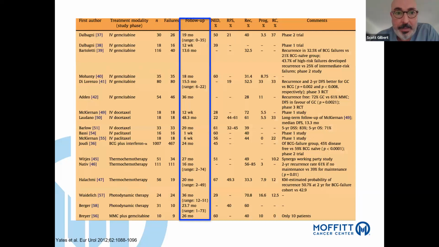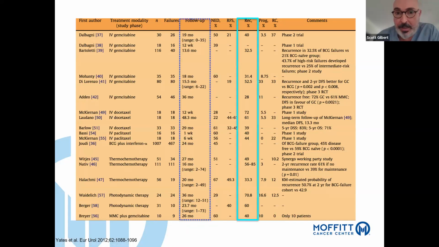And if you pull all the data for gemcitabine, intravesical single agent Taxol therapy, BCG plus interferon, thermotherapy, photodynamic therapy, and there's one study down here listing mitomycin plus gemcitabine, you can see that most of the report outs of these relatively small studies have low follow-up, not very long follow-up.